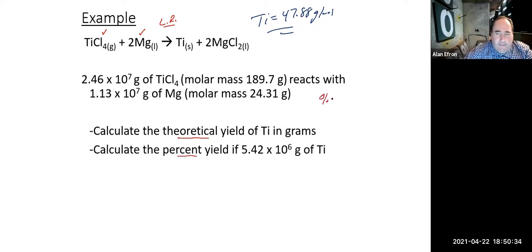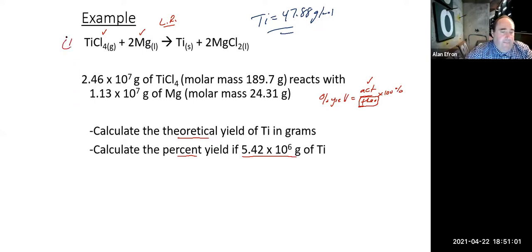So remember, the percent yield is our actual divided by our theoretical times 100%. This guy right here is our actual yield, so we actually have that. The theoretical is going to come from our calculation. So because it's a limiting reagent problem, we want to roll through our steps to do that. That again is going to allow us to figure out the theoretical yield.